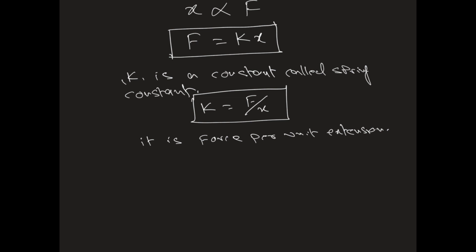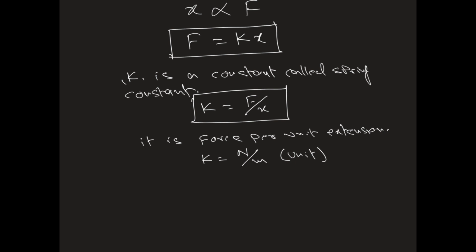If you are taking all the standard units, K will be equal to Newton per meter, its unit. Or if you are taking centimeters, you can say Newton per centimeter, and so on.